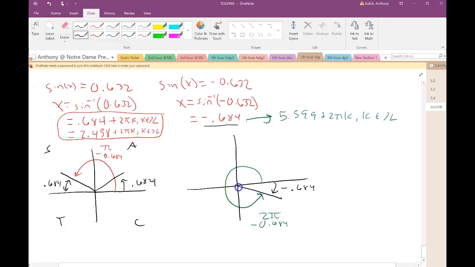The other place where sine is negative is here. I know that this distance is still that same reference angle. So my angle from here to here is pi plus 0.684.